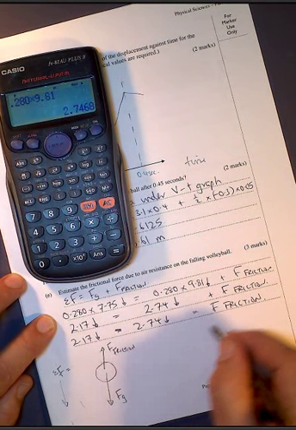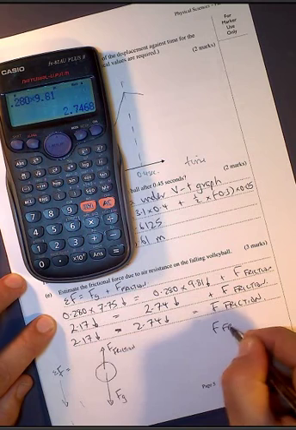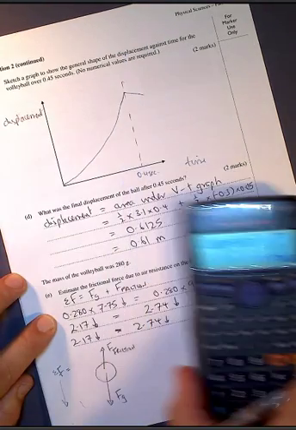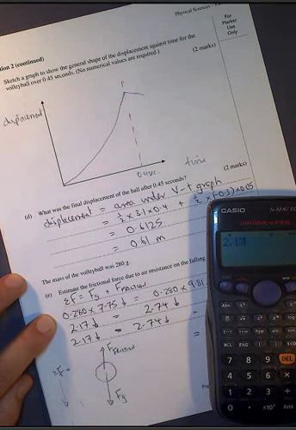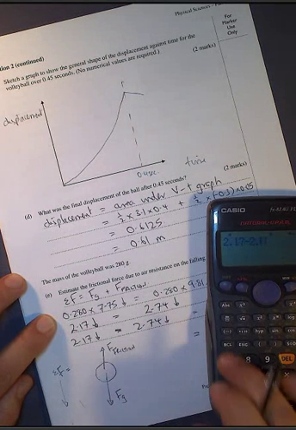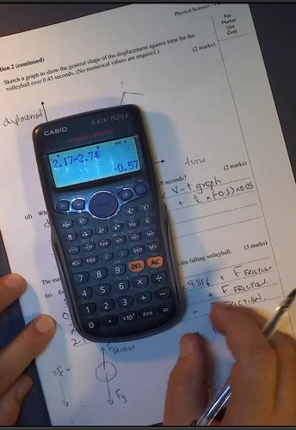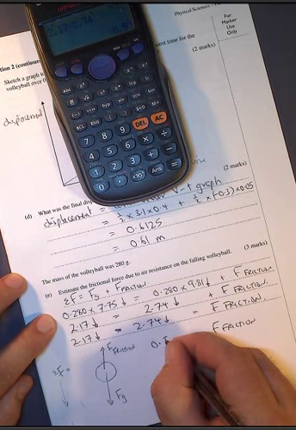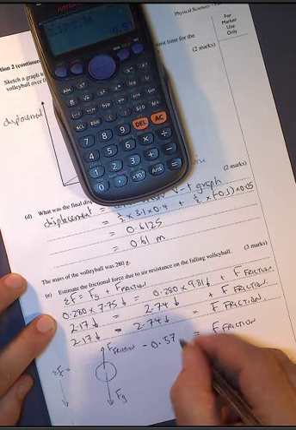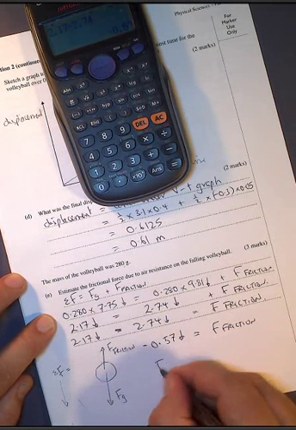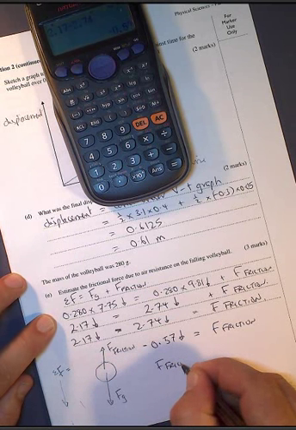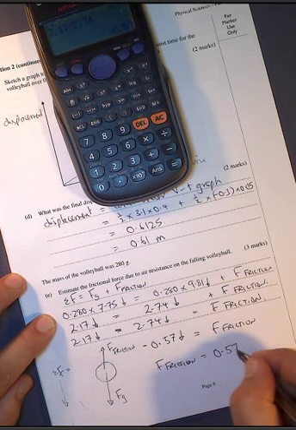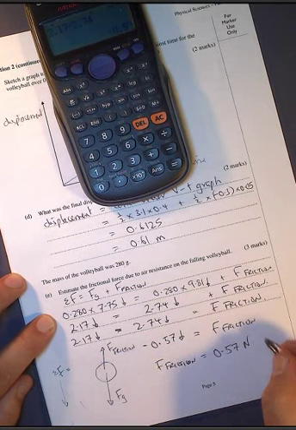Therefore, it's going to be equal to 2.17 minus 2.74, which is negative 0.57 down, so F of friction equals 0.57 newtons in an upward direction.